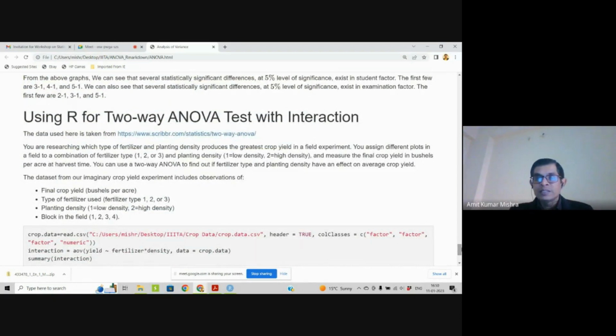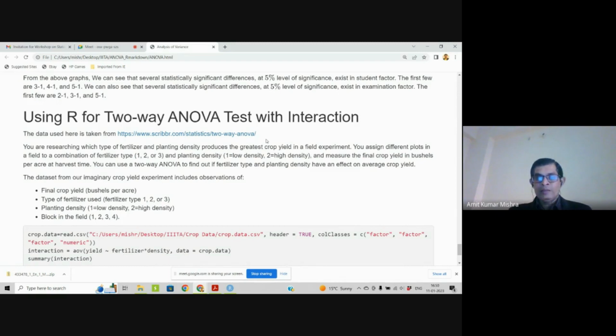So this was the post hoc analysis. Now we will quickly go through two-way ANOVA with interaction, and here I will use a data set and I will show you how to call it. This data set I have taken from this website.